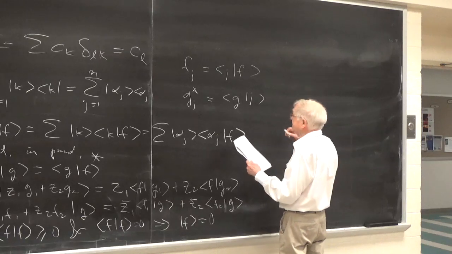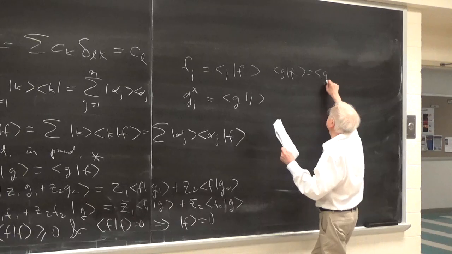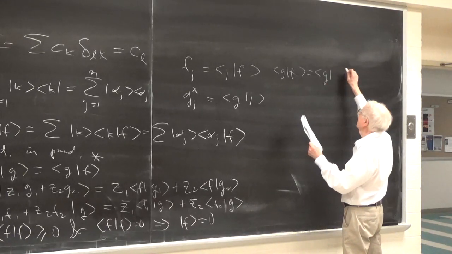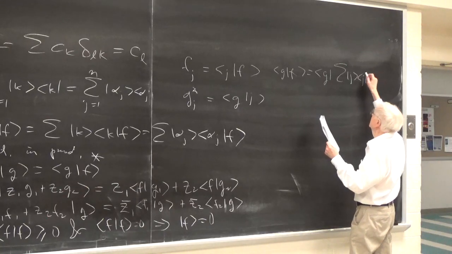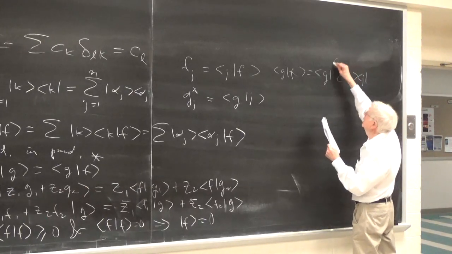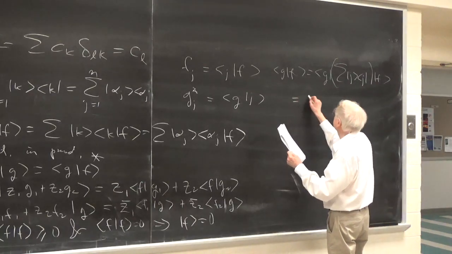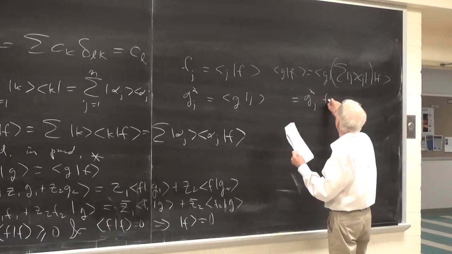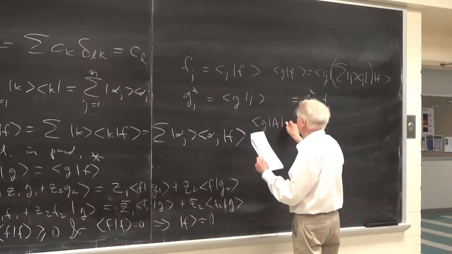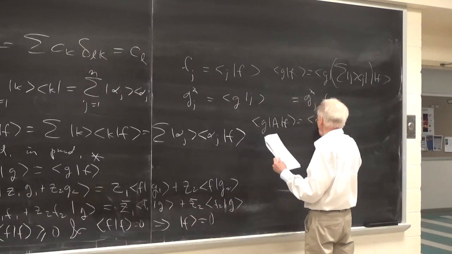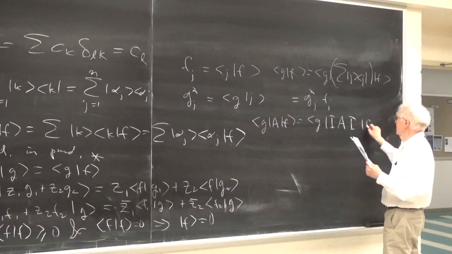We would say then that <g|f> is <g| the identity operator |f>, which I'm just going to write as the sum of outer products. And so this is gj star times fj, and similarly <g|A|f> is <g| identity A identity |f>.